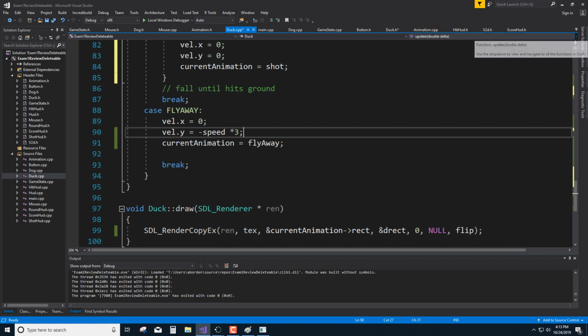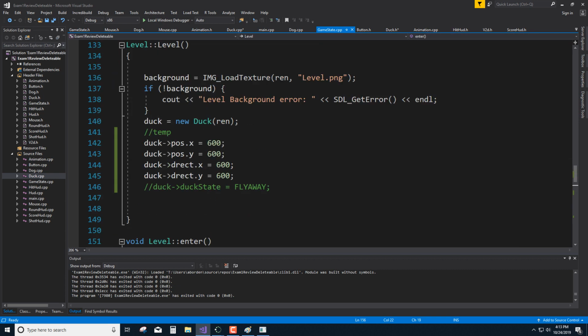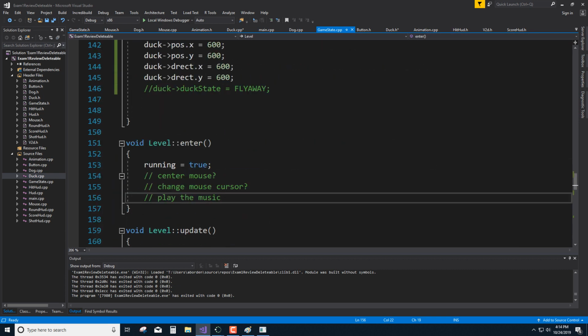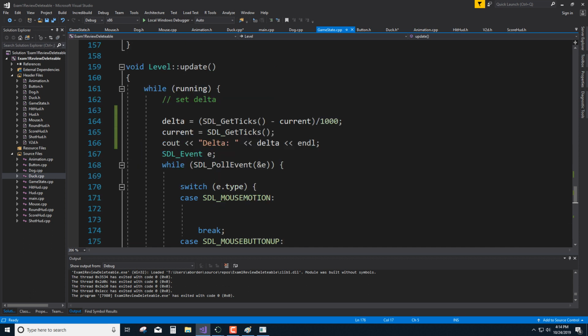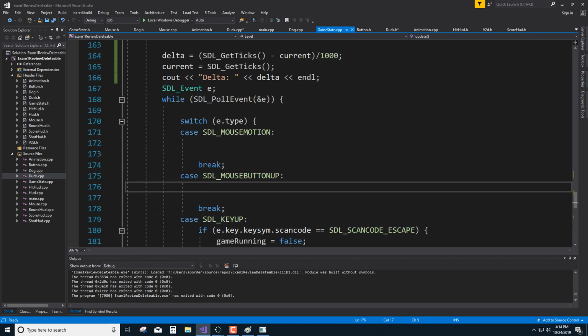Alright. Game state. So, case mouse button up. We're in level, in game state, in update. Mouse button up. We need to check collision of the mouse and the duck.